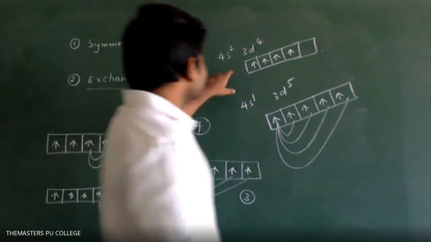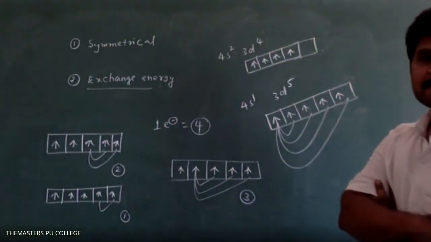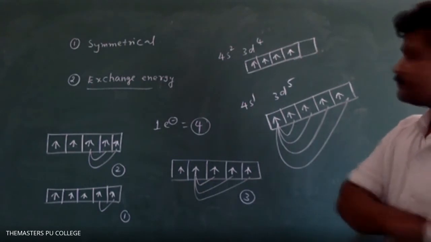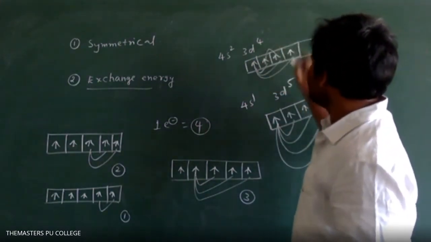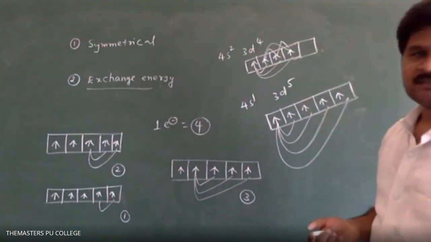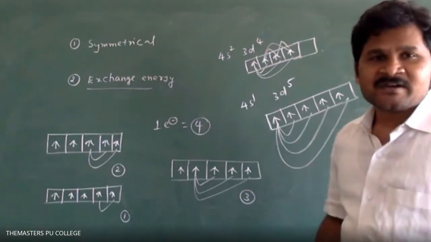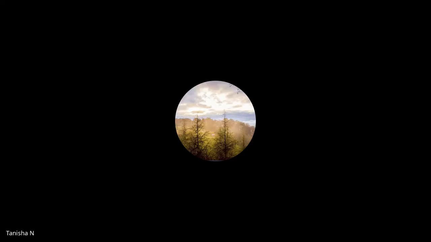But if you take the 3d4 configuration, how many exchanges do we get? Only 6 exchanges are possible. So where is the greater number of exchanges? In 3d5.